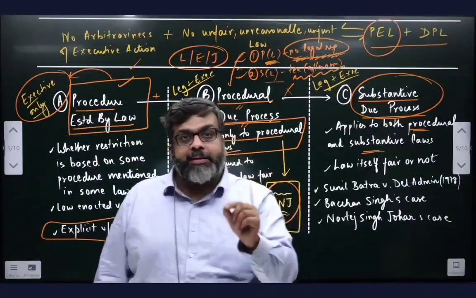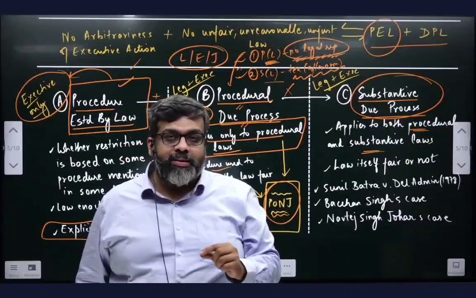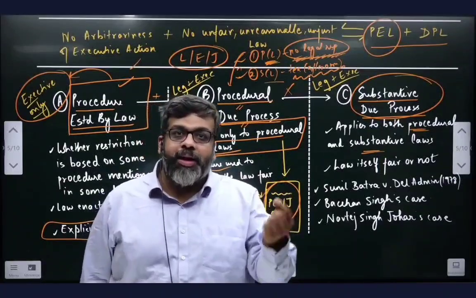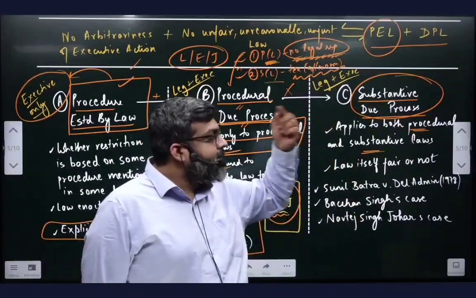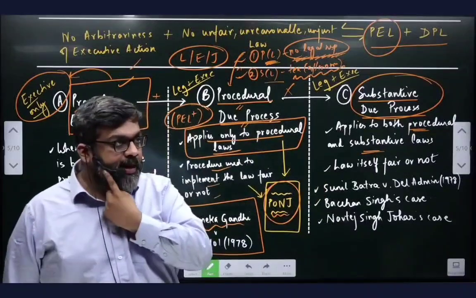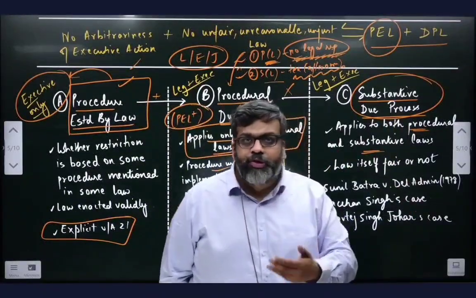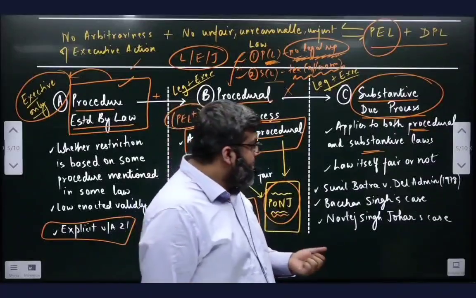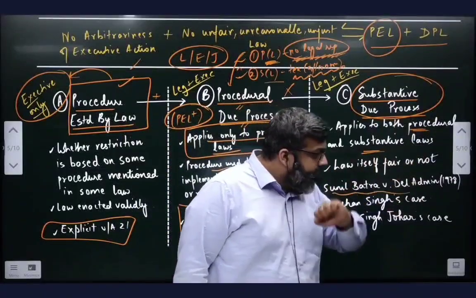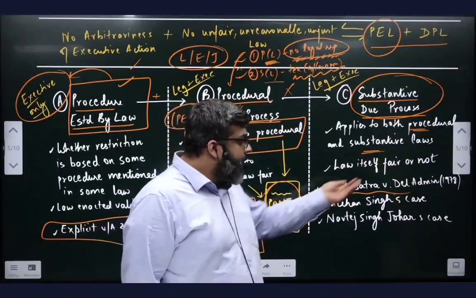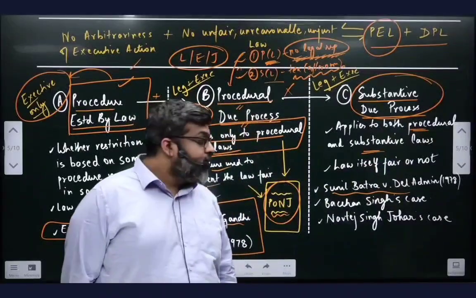Law says X is wrong, but that doesn't seem right. Why should X be wrong? That is called substantive due process. Now, this has been used on so many occasions in so many different ways, means and forms. For example, 1978, just a few months after Menka Gandhi's case, in the Sunil Batra case.